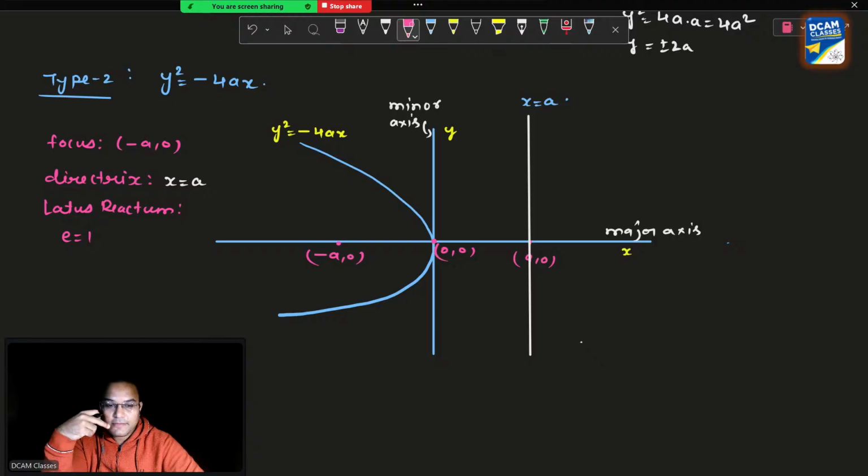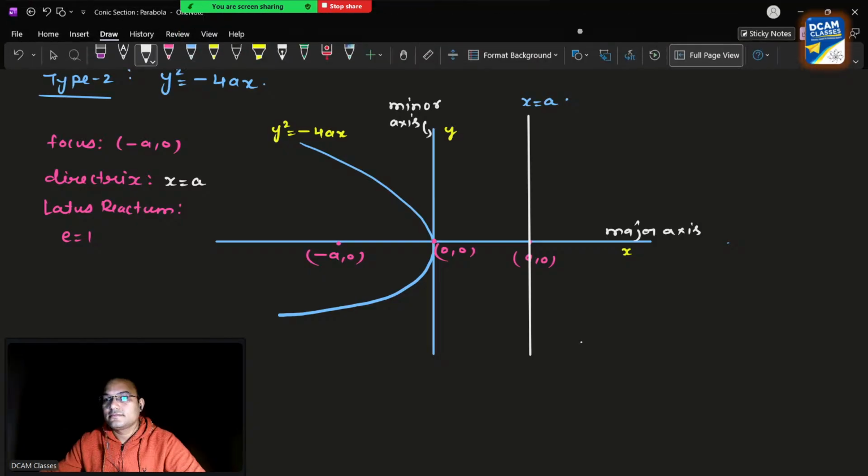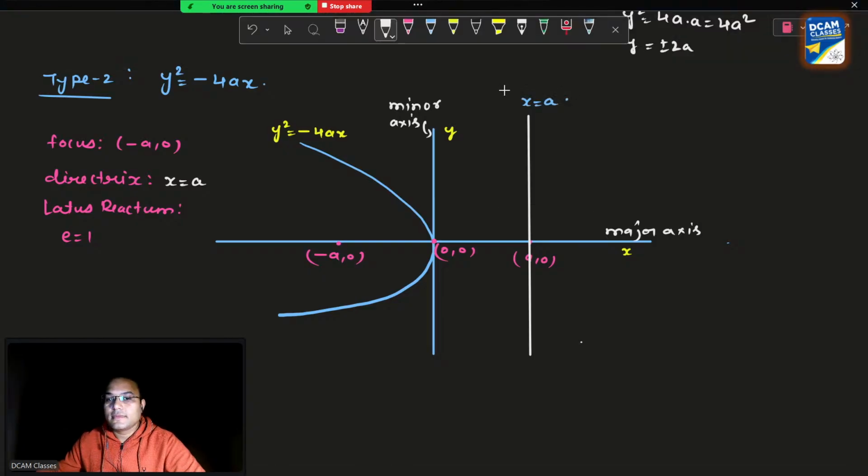What is latus rectum? It passes through minus a comma 0, and length will be 4a. You are correct. This point, and length is 4a. That is also correct. This distance is 2a. This distance is also 2a.